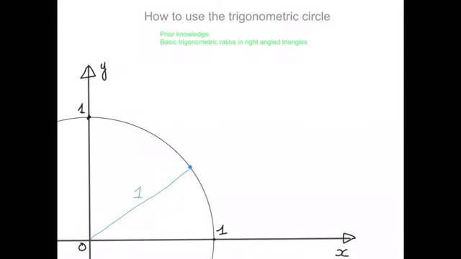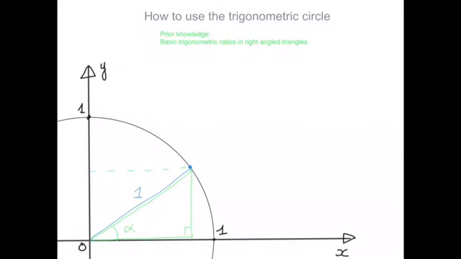Let's now have a look at a right-angle triangle that I have drawn in green. We know that the right angle is here, and we'd like to use trigonometry to work out the two sides next to the right angle, given that the angle between the x-axis and our radius is alpha.